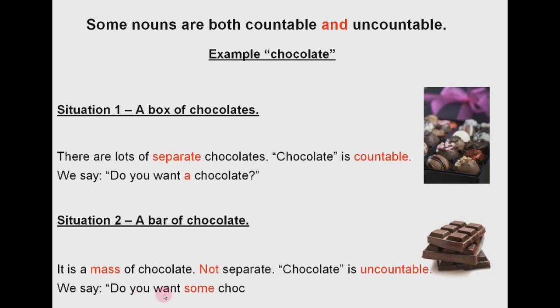And we say, "Do you want some chocolate?" We treat it like an uncountable noun. Okay, so when you learn new nouns, it is important to decide and to learn if the noun is countable or uncountable or both. Sometimes it is both.